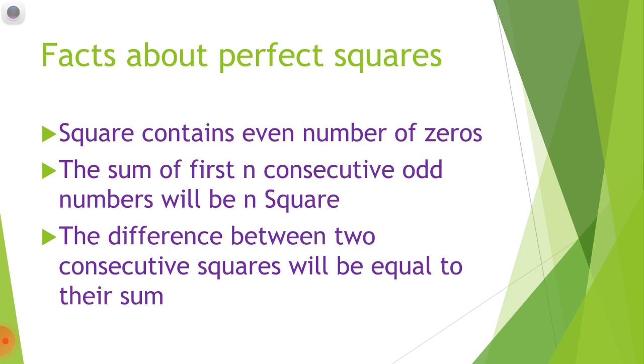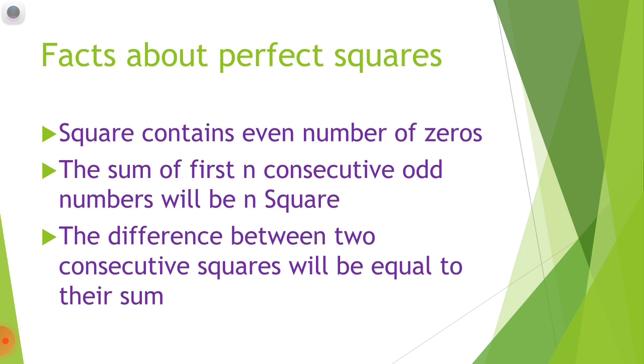Means when we subtract consecutive number squares, it is equal to their sum. For example, take 2 square and 3 square. 2 square is 4, 3 square is 9. What is the difference? 9 minus 4 is 5. And when you add 2 and 3, 5 is the sum.